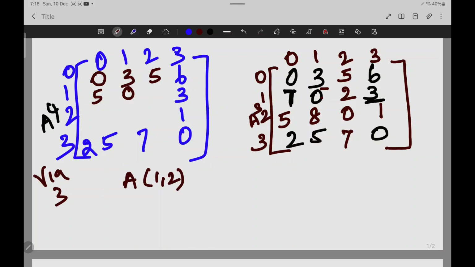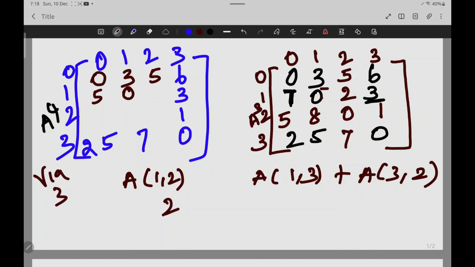1, 2 via 3. So 1, 3 plus A of 3, 2. 1, 2 is 2. Definitely this is the minimum. 1, 3 is 3 plus 3, 2, 7, maximum. So we will keep the previous value. So likewise I will find the rest.